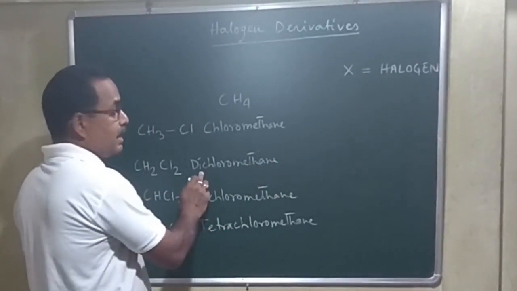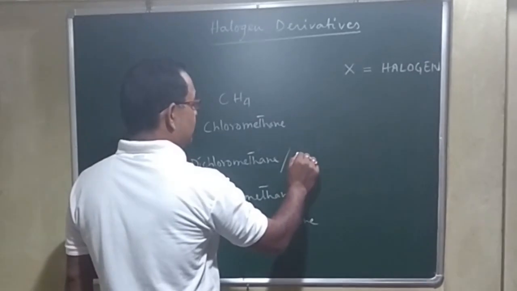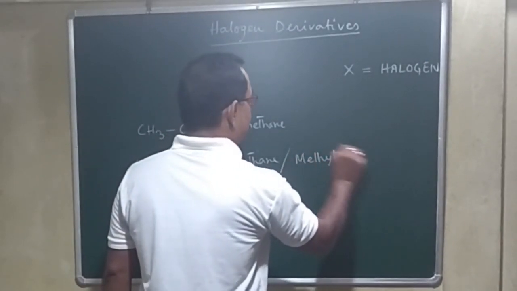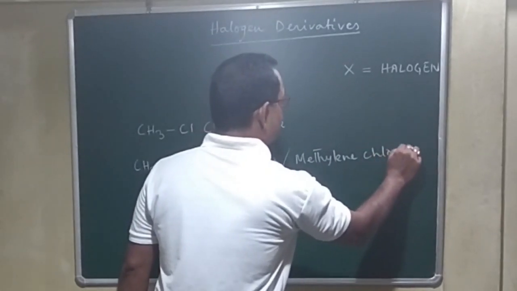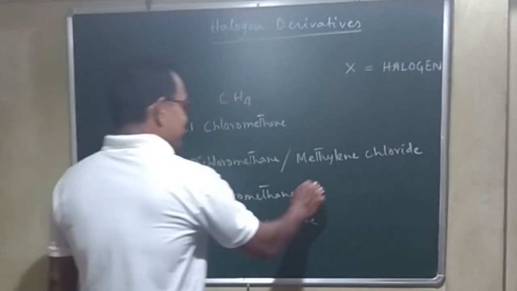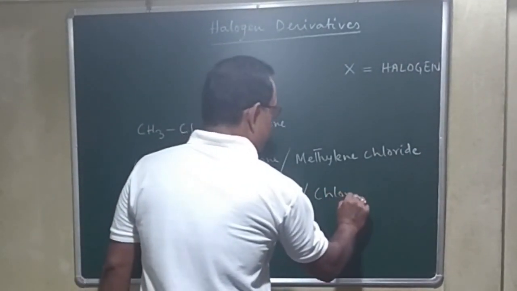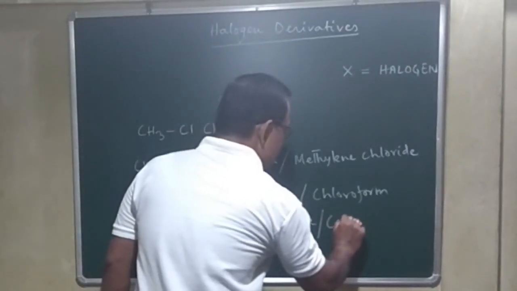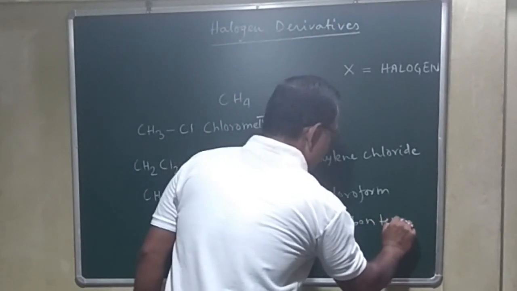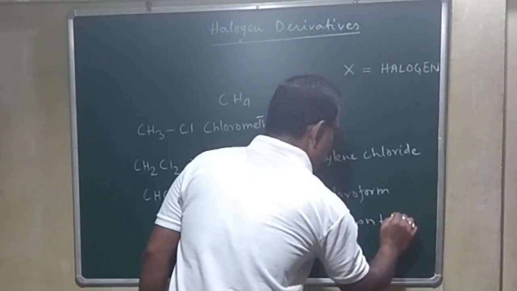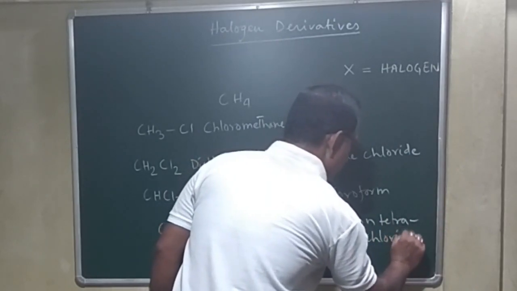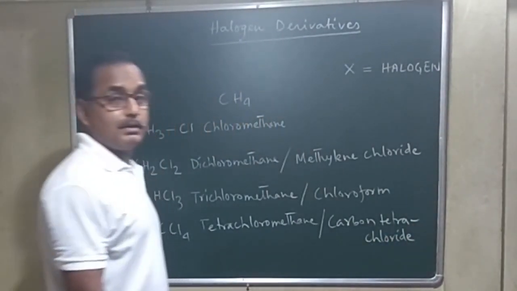Now you see dichloromethane. This is IUPAC name. In common system, this is called as methylene chloride. This is called chloroform. And this is carbon tetrachloride.